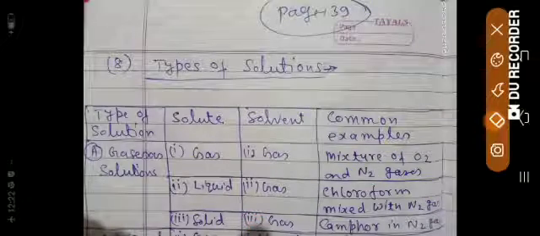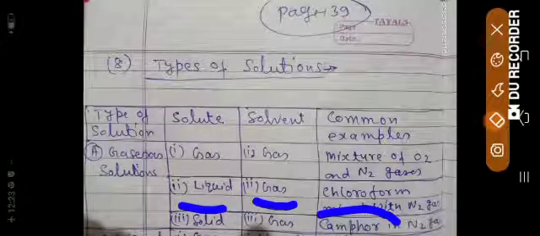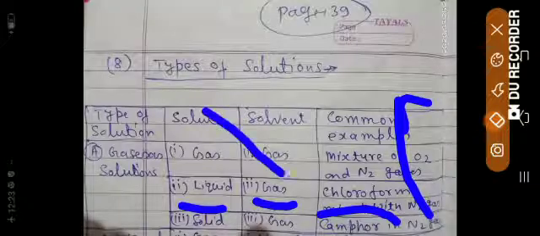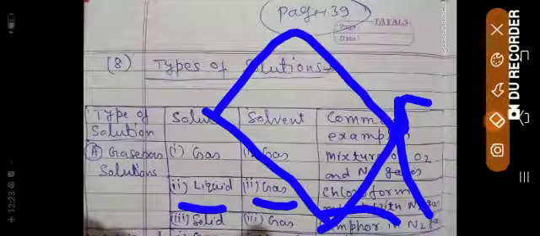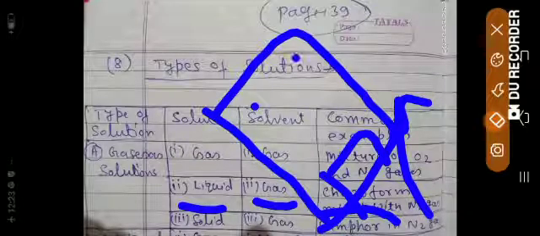In the third one, what are you seeing, student? Again solvent as gas and solute as solid. So camphor, what you call kapoor in your home. This is camphor in N2 gas. Why am I always taking N2? Because N2 is an inert gas. Suppose in a container or a box, camphor is present as a solid and N2 gas is present.